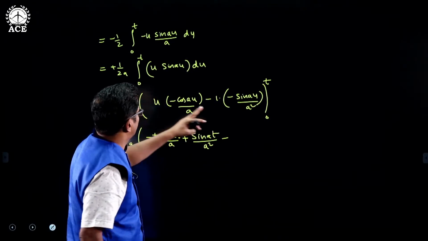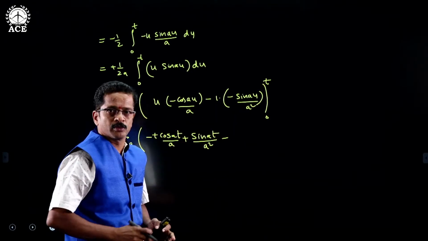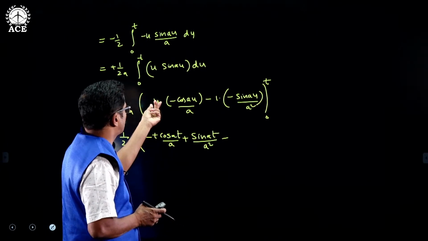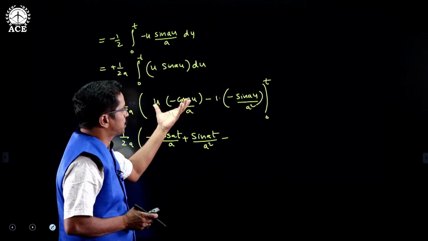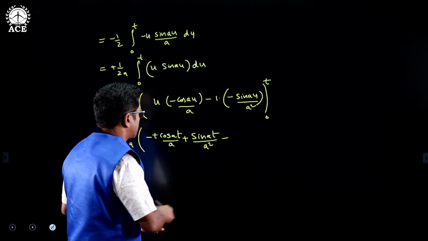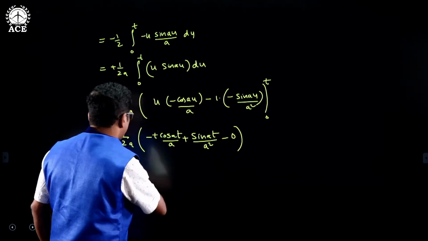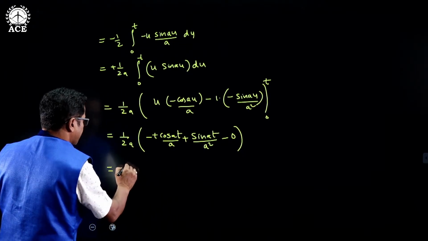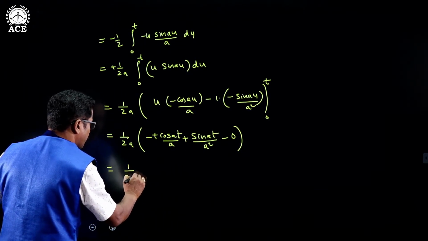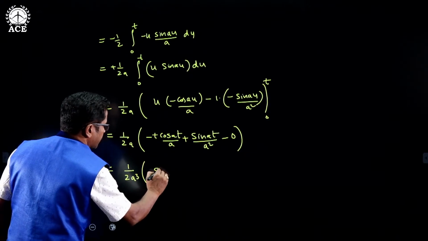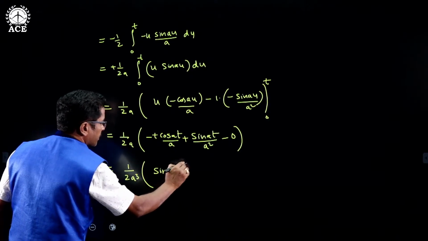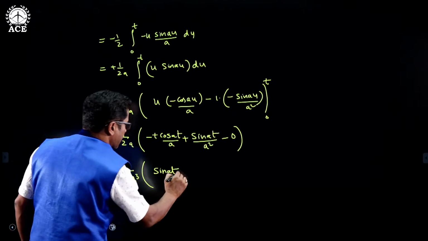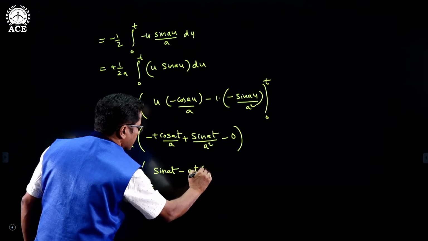Minus, for the lower limit, this is going to be 0, since u means 0, and 0 into anything is 0 and sin 0 is 0. So now if I take a square as LCM, it becomes 1 by 2a cube into sin at minus at cos at.